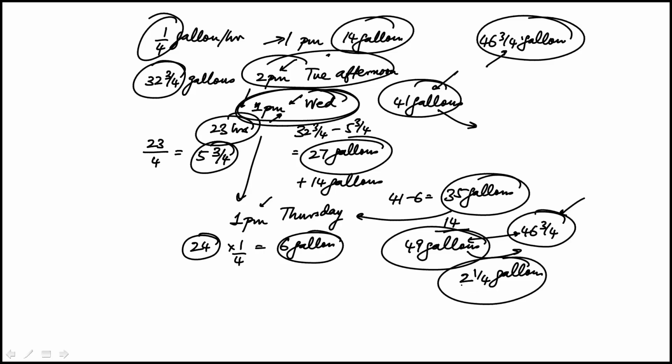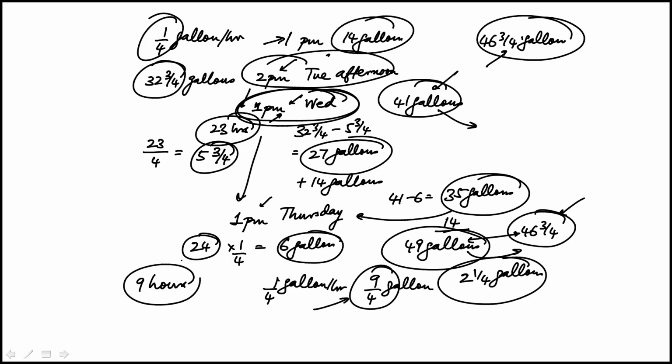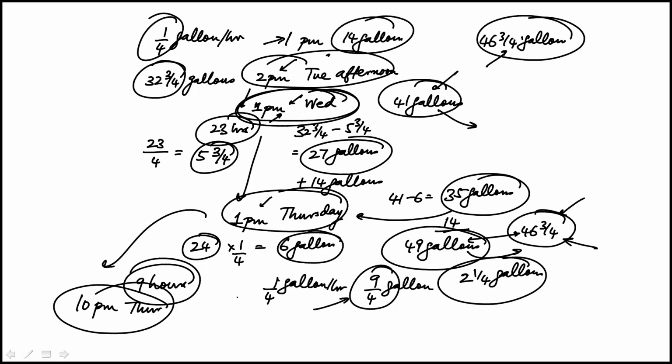And 2 1/4 is really 9/4 of a gallon. Since we're leaking 1/4 of a gallon per hour, that would be 9 hours, because it's a multiple of 9. So in another 9 hours from 1 p.m. Thursday, we'll hit this target volume, and that would be 10 p.m. on Thursday night. So the answer, if we look at the choices, is D.